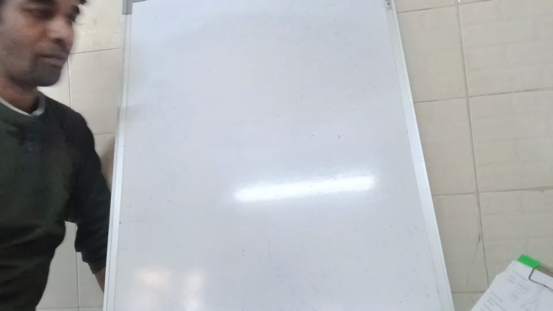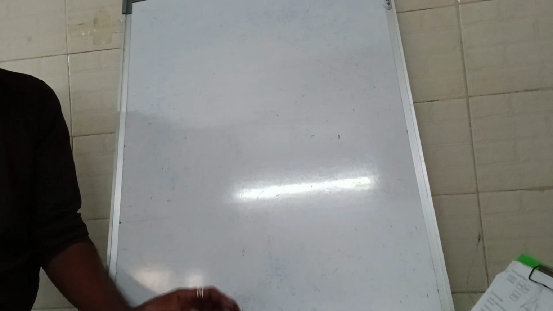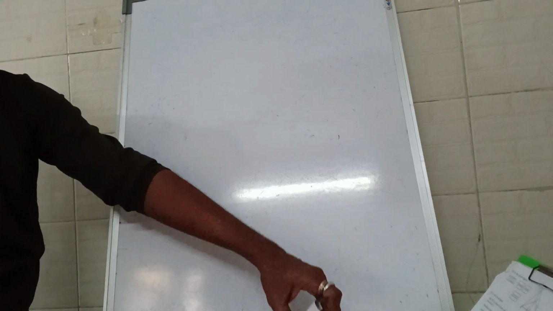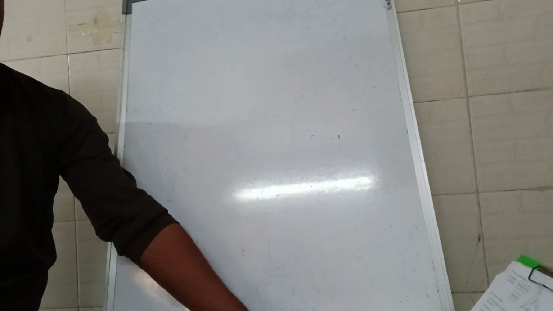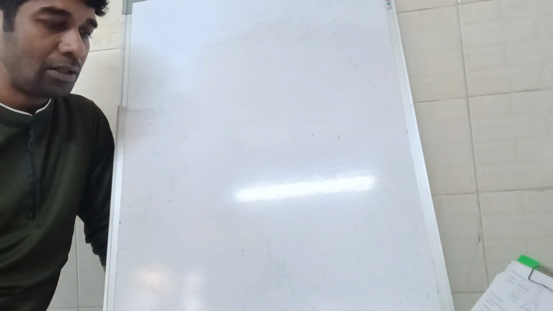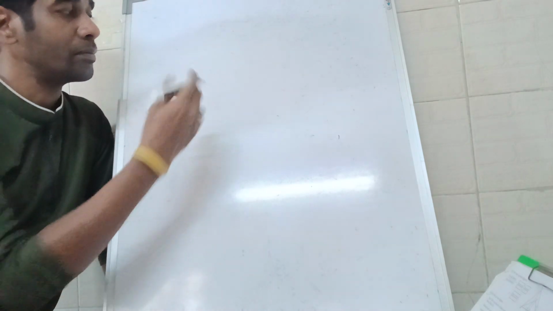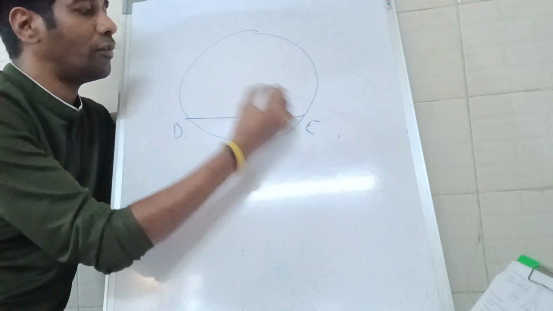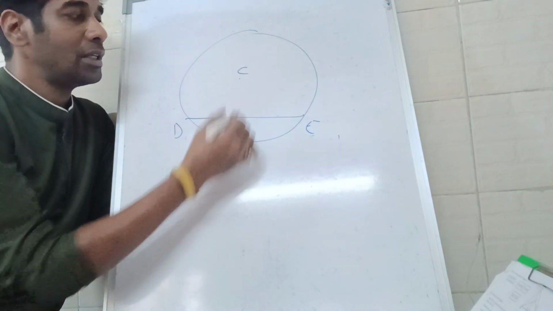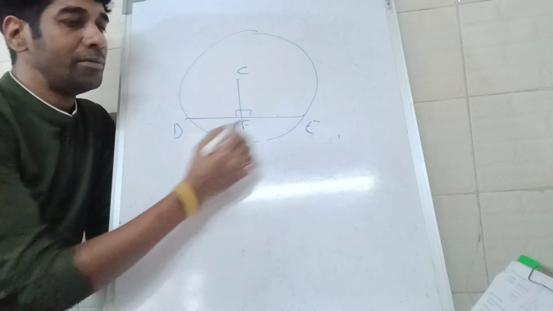Next sum. Segment DE is a chord of a circle with center C. CF is perpendicular to DE.